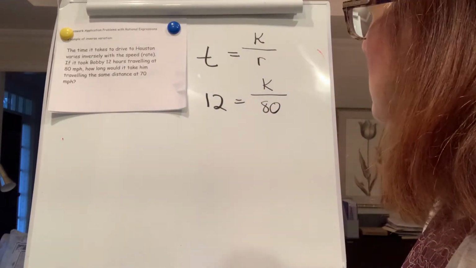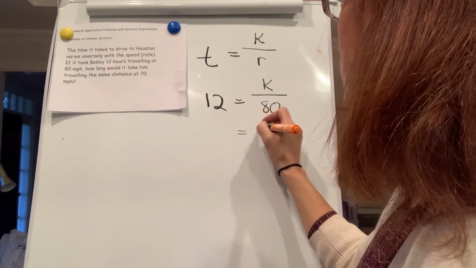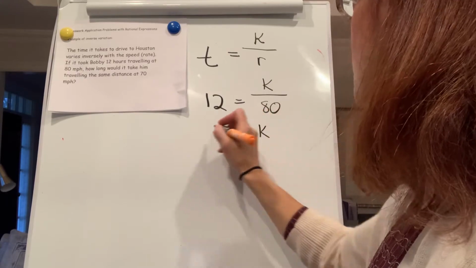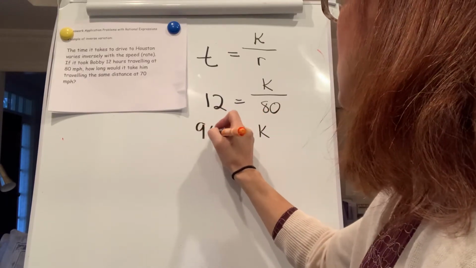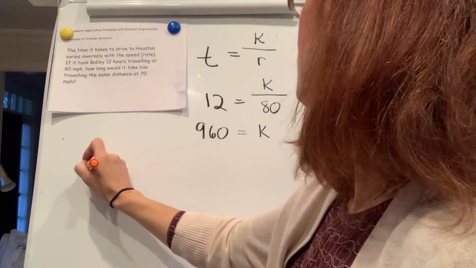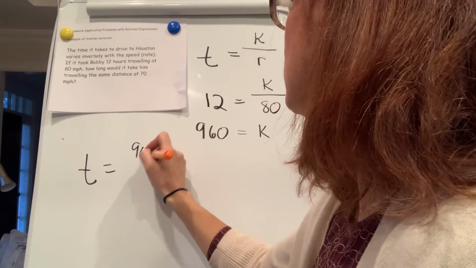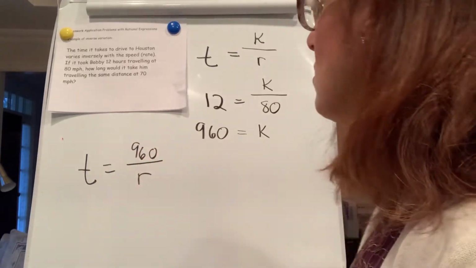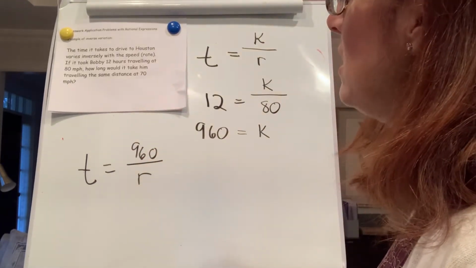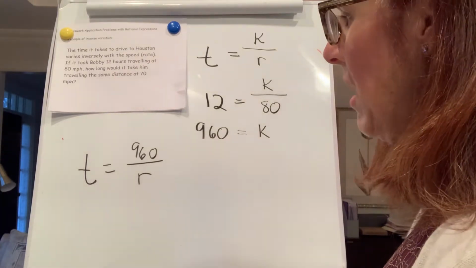I can solve this by multiplying both sides by 80. So I get k equals 960. So my variation problem says t equals 960 over r. Now we need to know how long it'll take him if he was going 70 miles an hour.